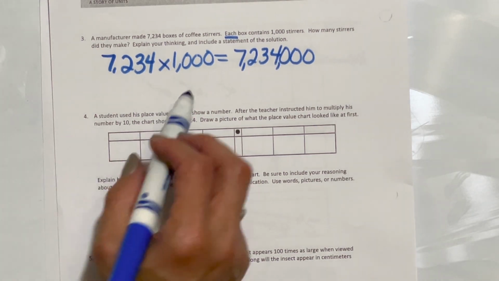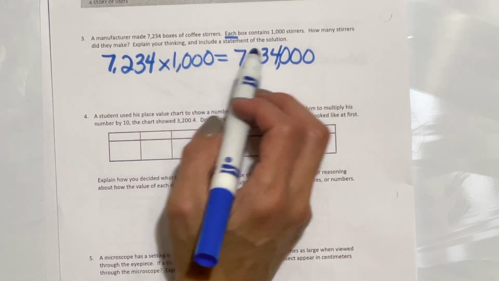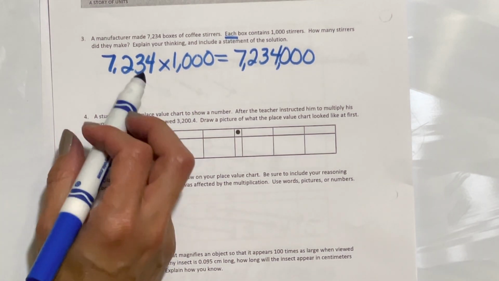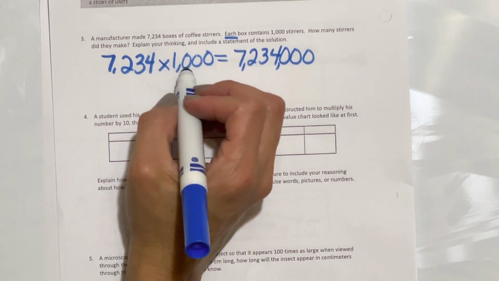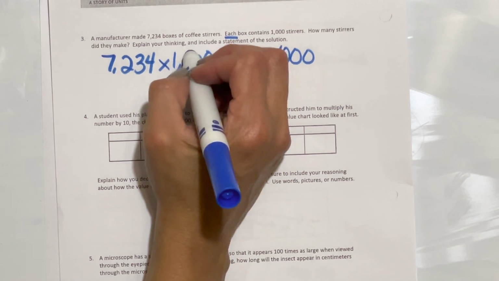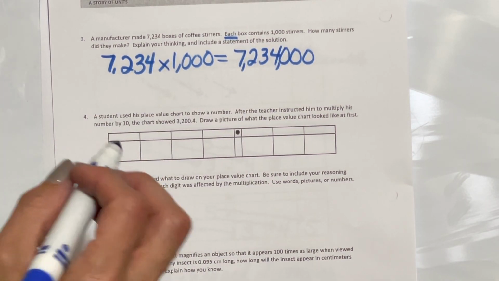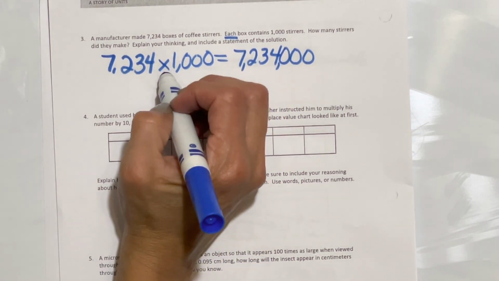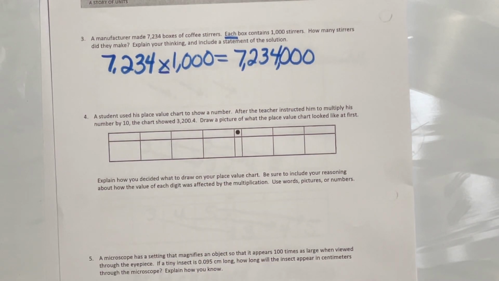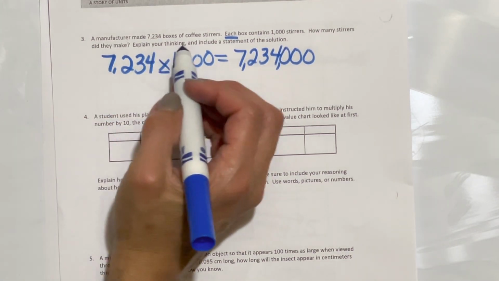Geez, that's a lot. Okay, explain your thinking and include a statement of solution. Well, if we know that this is 10 to the 3rd power, and we know that when we have the 3rd power, we have to move 3 places. This is getting bigger because we're multiplying. So that's how we know. Okay, so we have to explain our thinking.